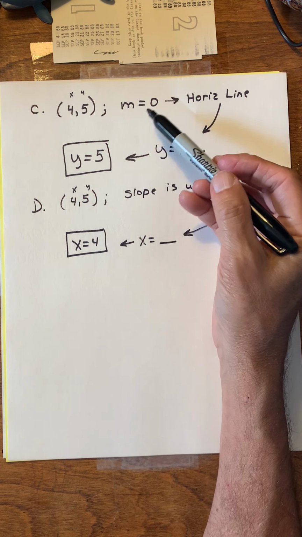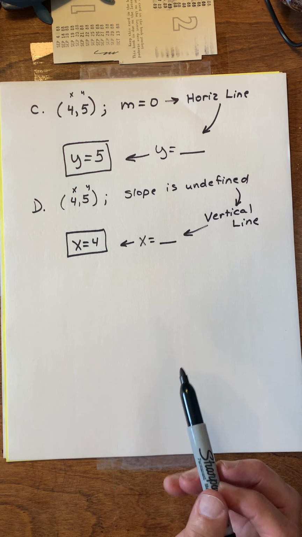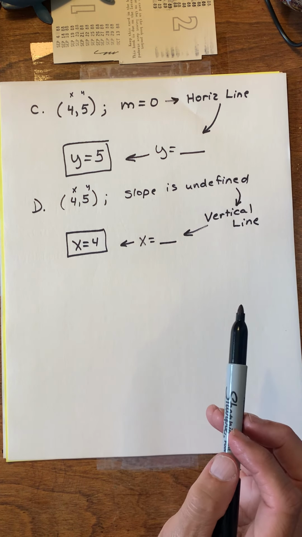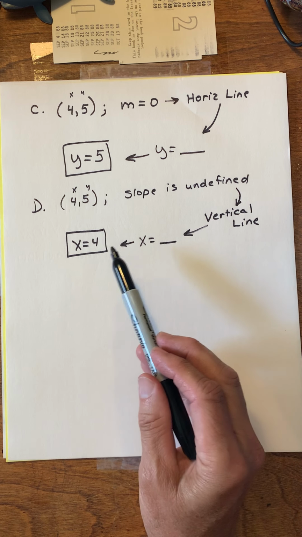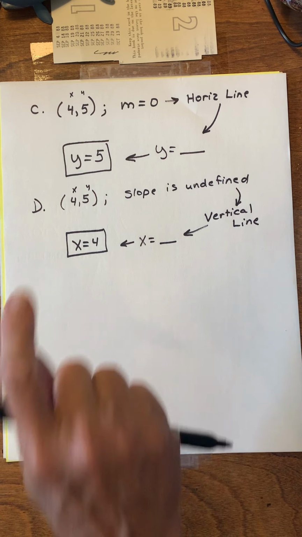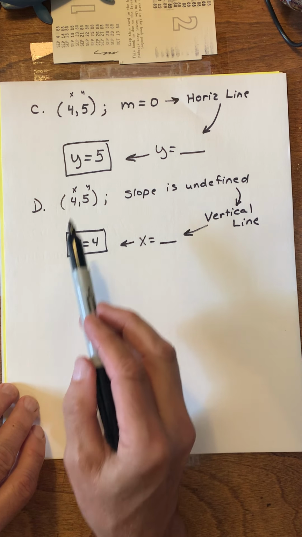All right, so if you have a slope of 0 or undefined slope, you have a specific exception, a horizontal or vertical line. The equation is simply y equals for the horizontal, x equals for the vertical, and your point will tell you what specifically that x or y will be.